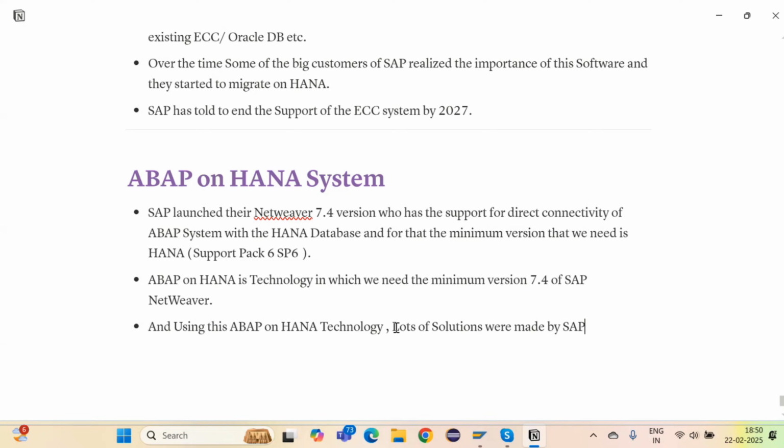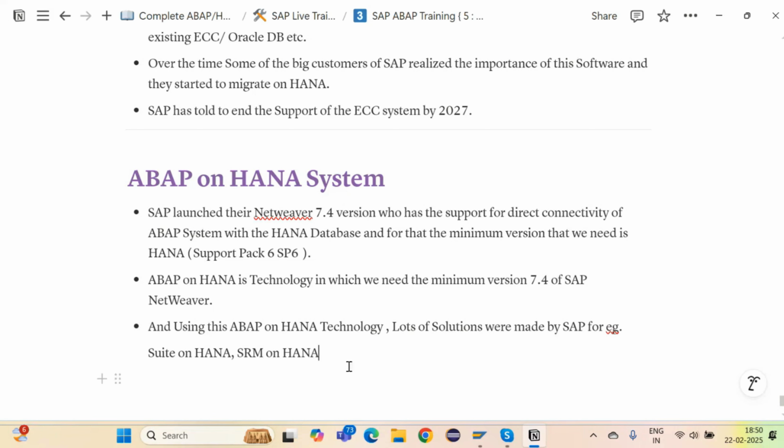So using this ABAP on HANA technology, lots of solutions were made by SAP. You might have heard about, for example, Suite on HANA. SRM on HANA. All of them are solutions which were built on top of this ABAP on HANA technology.